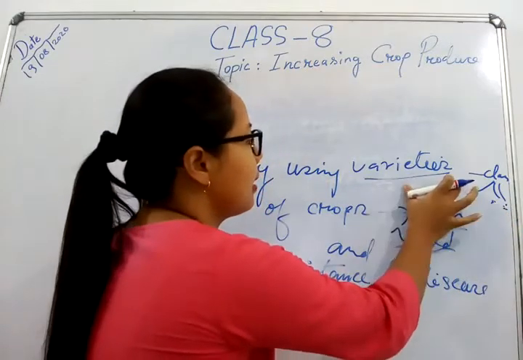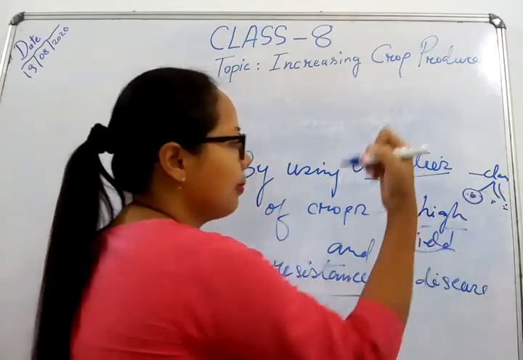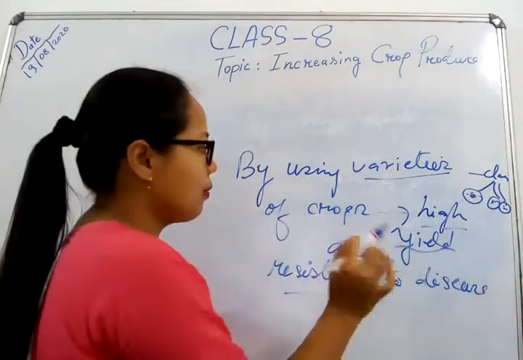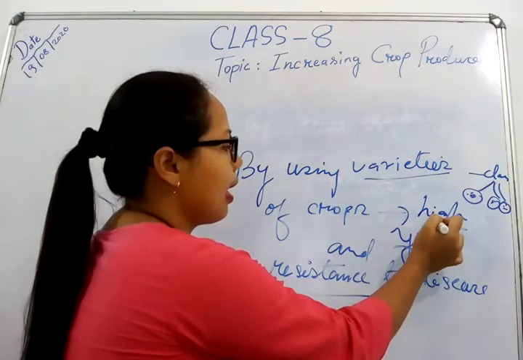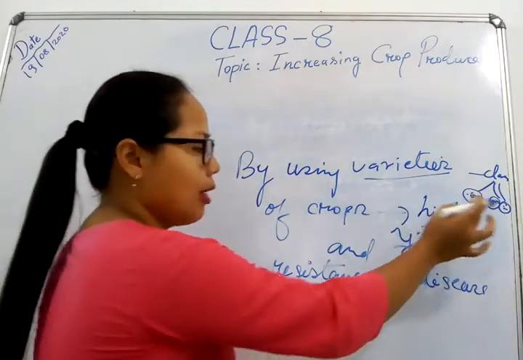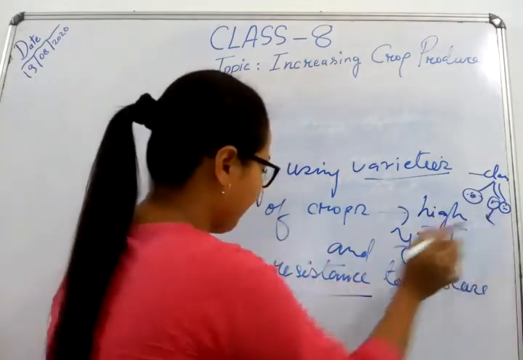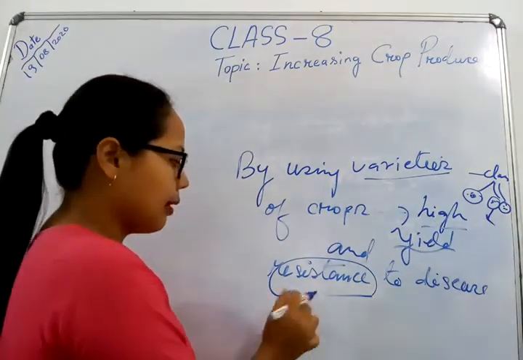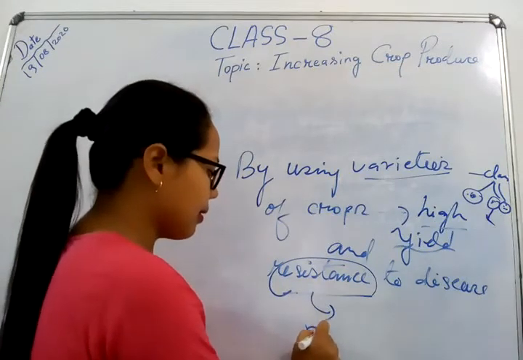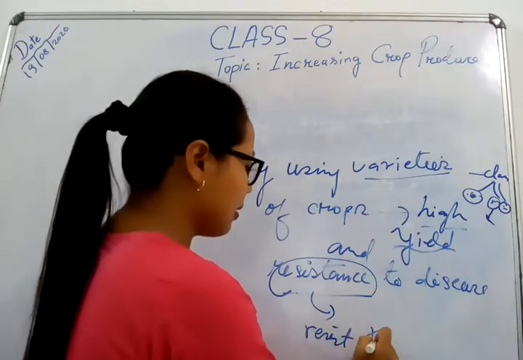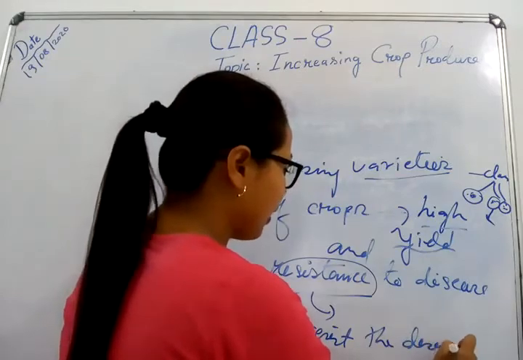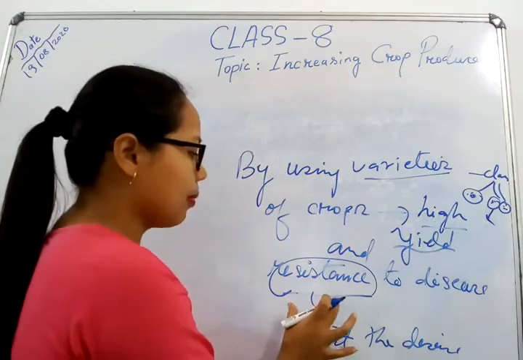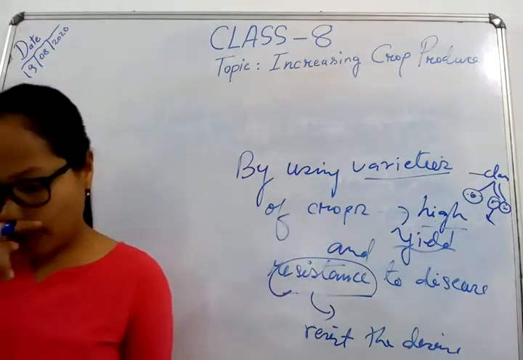So they select varieties of crops which give high yield, and particular crops which have resistance to disease. Resistance means they can resist the disease, meaning the disease doesn't affect this crop or plant.